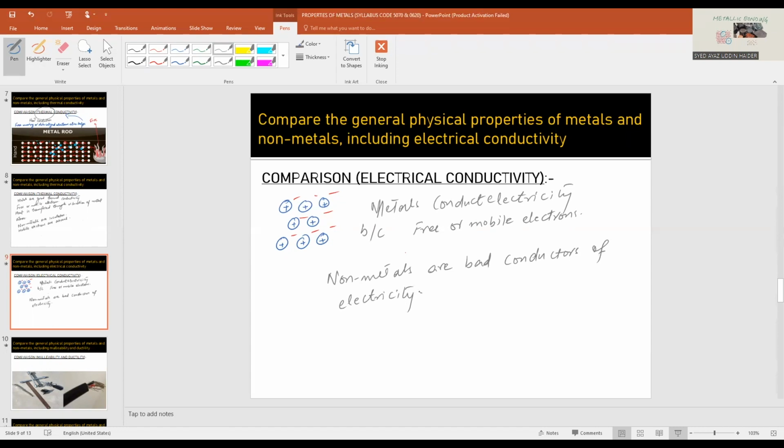The reason is simple: free or mobile electrons are absent.